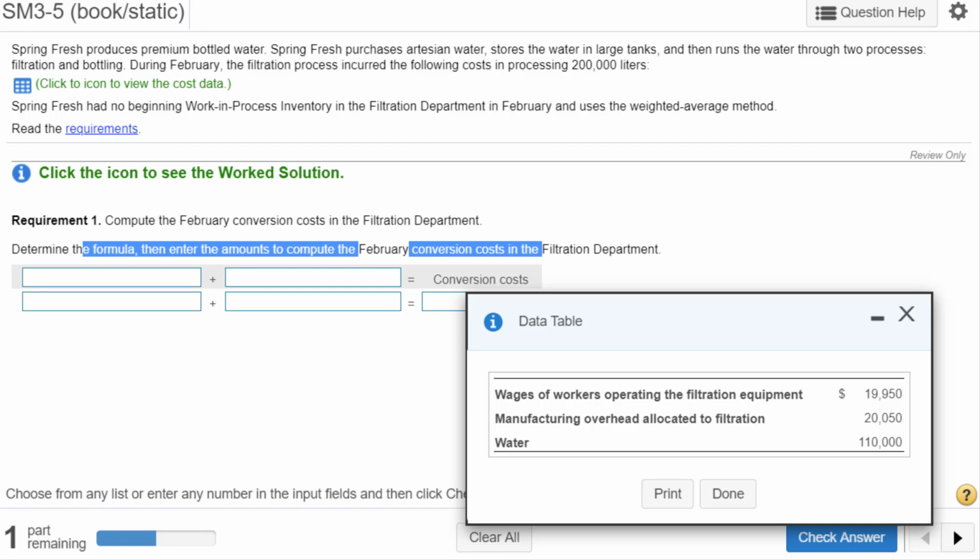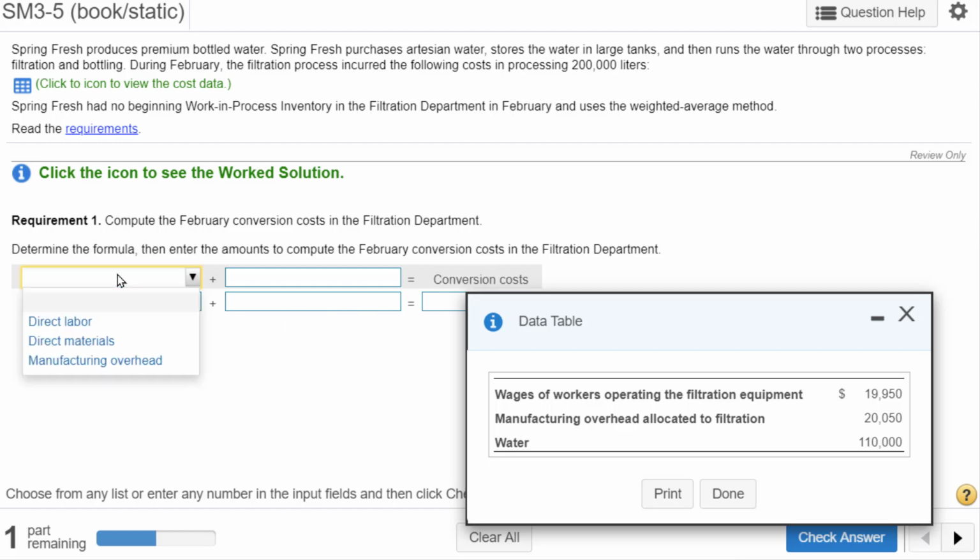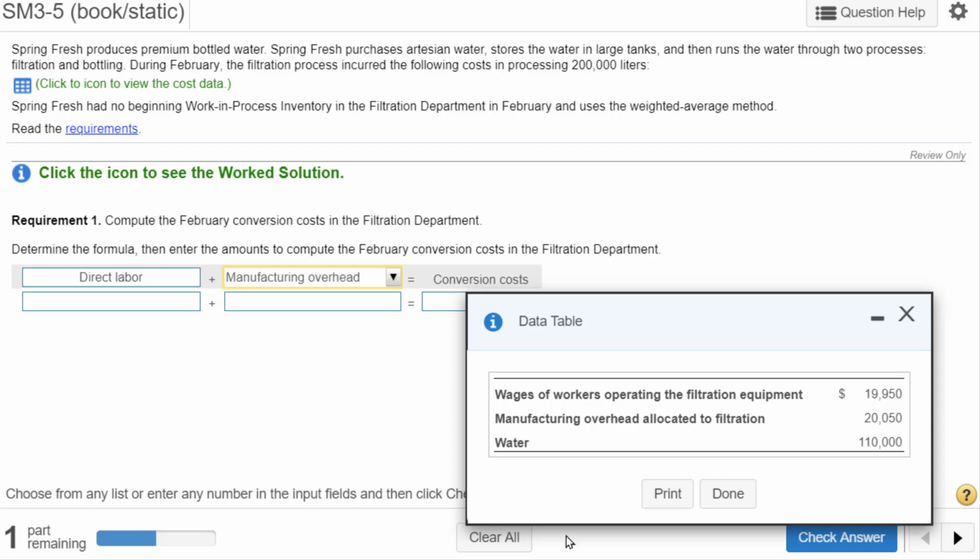Department, process, same thing. So remember, conversion costs include direct labor and manufacturing overhead. So in this box over here, which one of these is direct labor? Well, that's the wages of workers operating the filtration equipment, $19,950. So I'm going to copy and paste that.